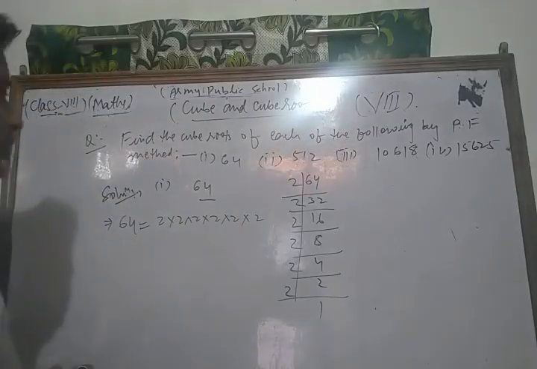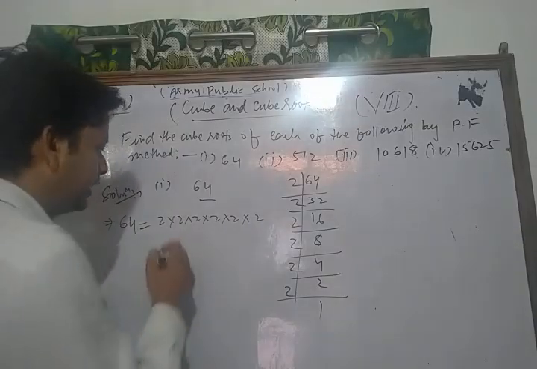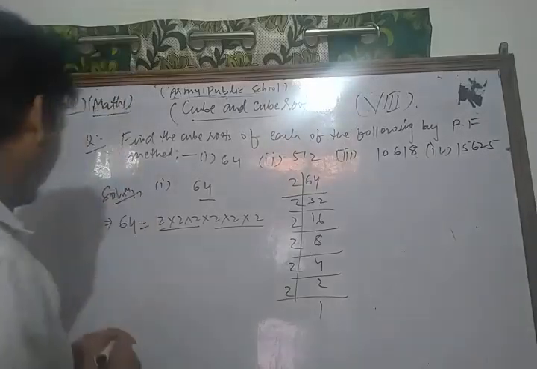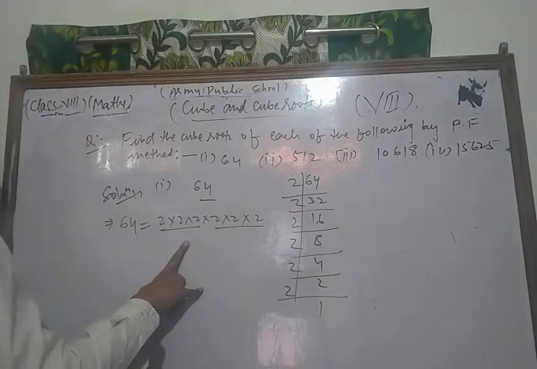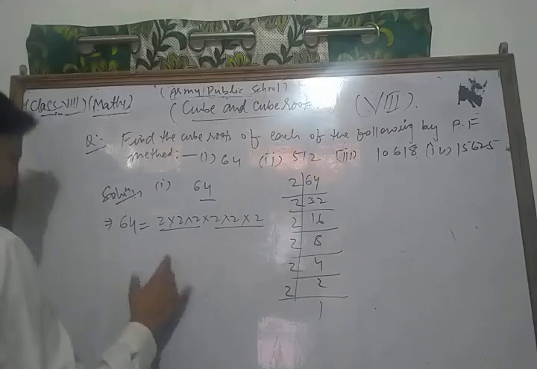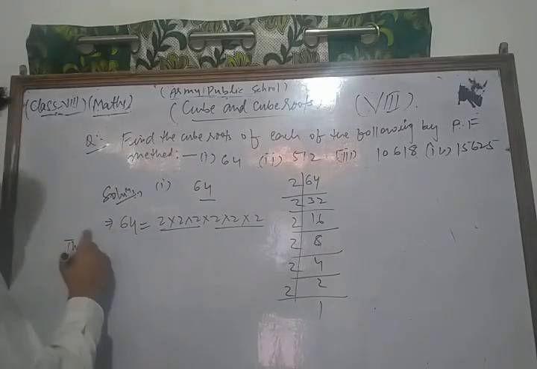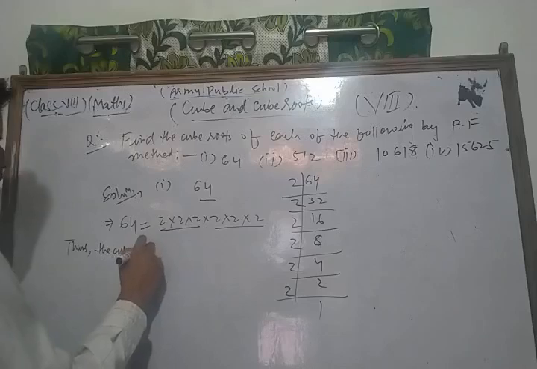Now in this way we observe that 64 is the grouping of the factors in triplets of equal factors, so it is a perfect cube.